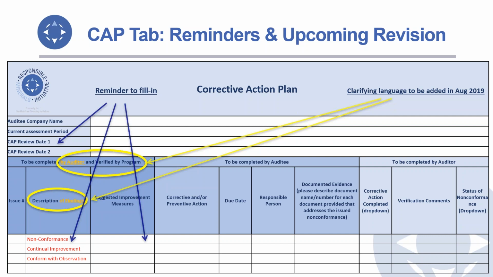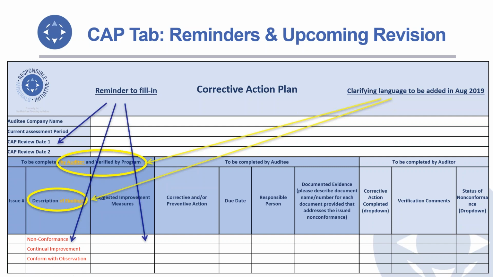It's currently still noted as to be completed by the program, but we are clarifying the language shortly, and we will be moving to say that it will be completed by the auditor and then verified by the audit program. And here we'll also clarify that it's a description of all types of findings, not just the nonconformances.